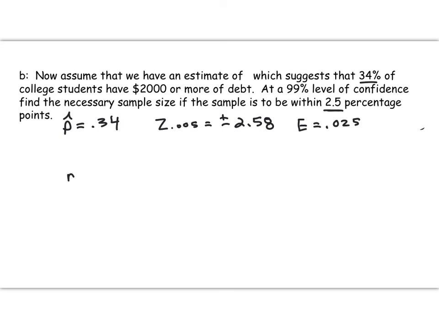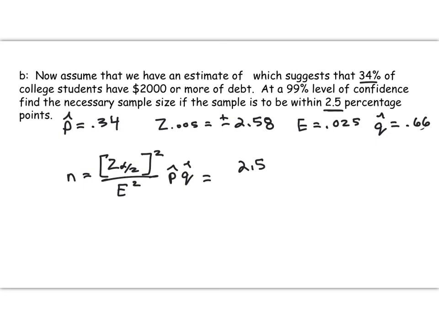All right, so our formula for sample size is z alpha over 2 squared divided by our error squared times p hat times q hat, which means we need q hat. And q hat is 1 minus 0.34, so it's 0.66. Plugging in our values, we get 2.58 squared over 0.025 squared times 0.34 times 0.66.